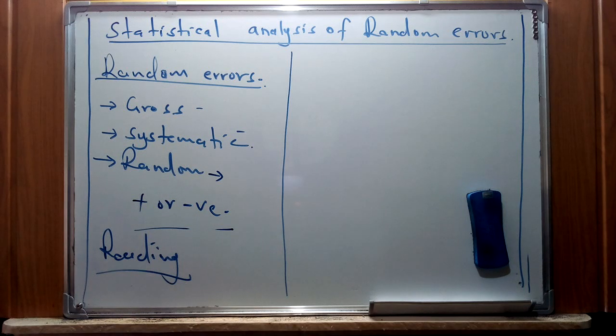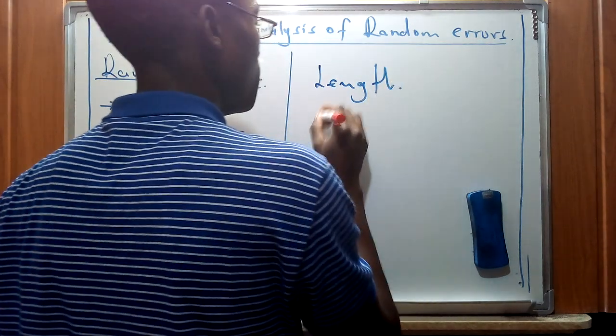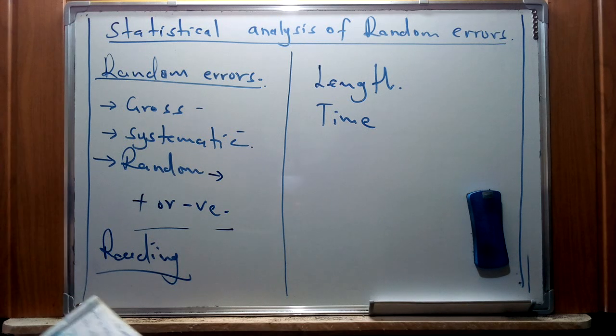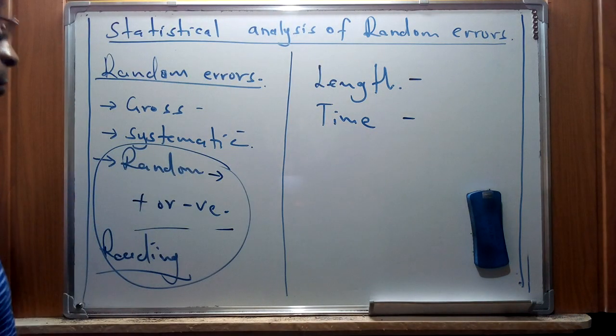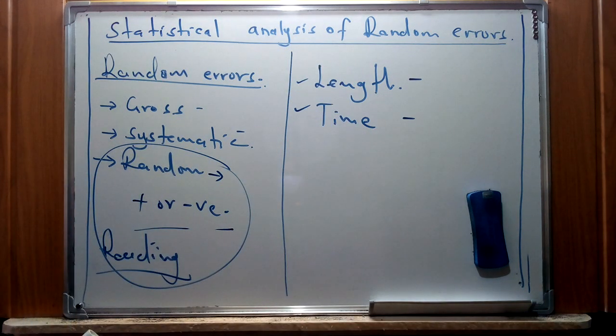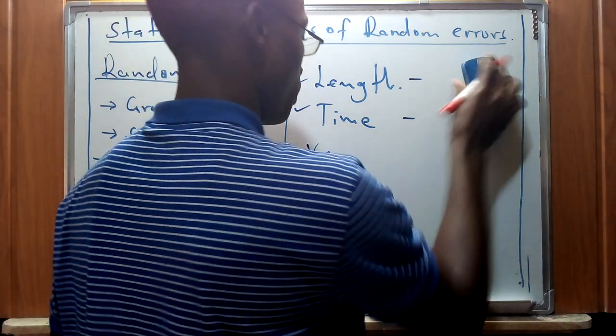And we said that if a physical quantity such as length or perhaps time is measured with maybe a stopwatch or a meter rule, then if you're trying to minimize the error in these two parameters, a number of readings are going to be taken, and we're going to obtain data that has a distribution of readings which vary due to random errors.